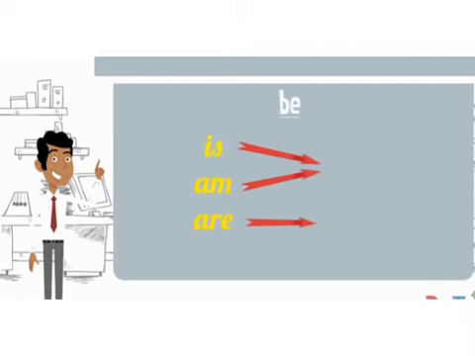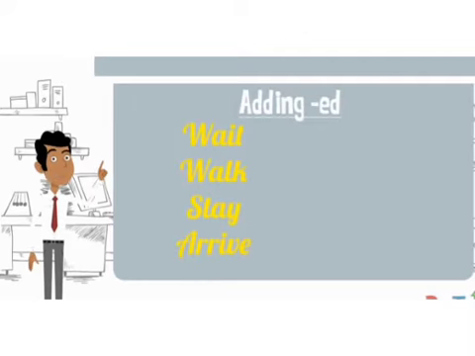Now, let's consider this chart of be verbs, otherwise called auxiliary verbs. Be verbs. In present tense we'll be using is, am, are, and for past tense we use was and were. Was is used for singular nouns and were is used for plural.